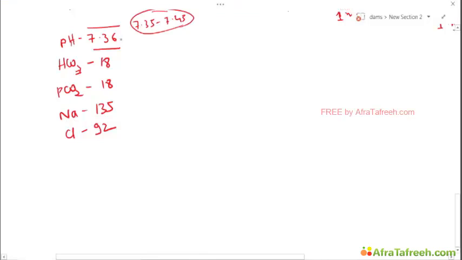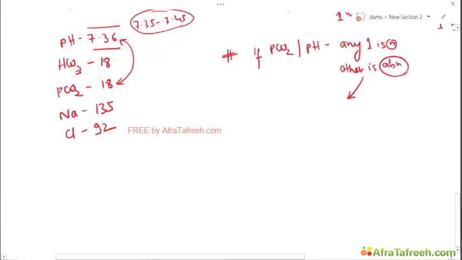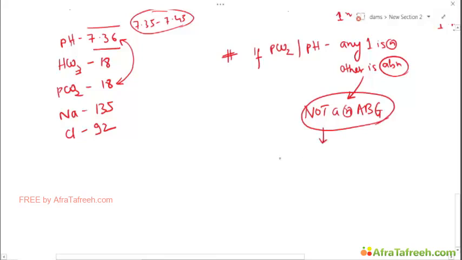No, the next step would be to look at PCO2. First rule of thumb is, if of PCO2 or pH, any one is normal and the other is abnormal, this is not a normal ABG. What is the abnormality?